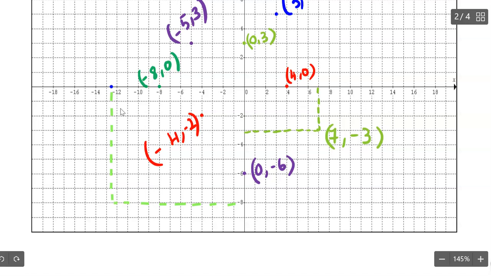Okay, so right here should be the point -12.5 and then -8. Okay, so this one will be -12.5 and -8 as the ordered pair.